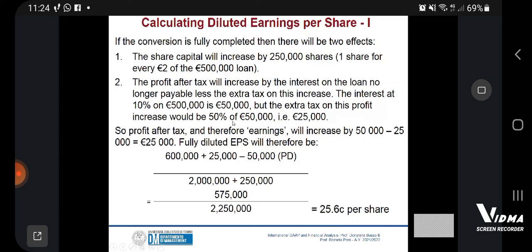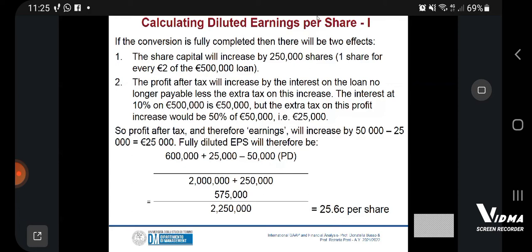As we said before, considering the conversion of loan stock, we will have 250,000 new shares issued whenever the conversion takes place in the future. But not only the number of shares will change, not only the denominator in the formula, but also the amount of the earnings. And this is to think very carefully about. The amount of earnings, which is the numerator in the earnings per share figure, will change because in case we have the conversion of loan stock, I will not have any more interest expenditure, okay?